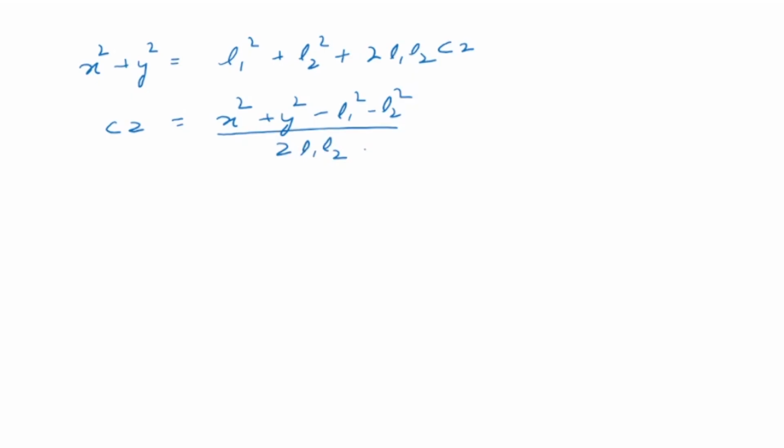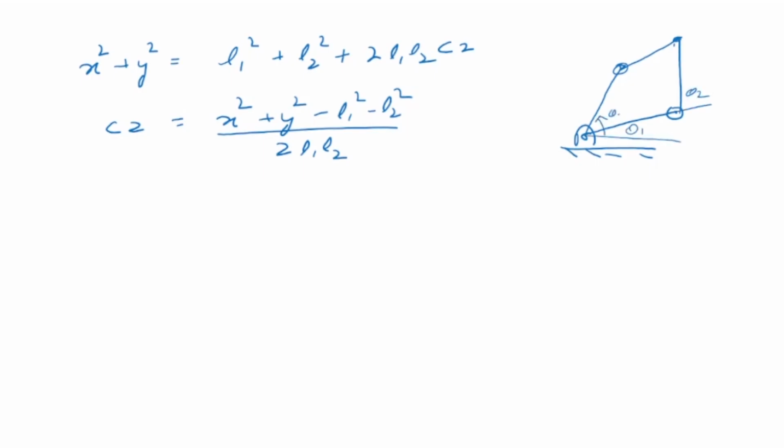Now what we see is that this is cos theta 2. We should not take the cos inverse here. Why? Because, as I was explaining some time back, there are two solutions, or pairs of solutions. This is one solution, and there is another solution, which is this one. If this is theta 1, that's theta 2.